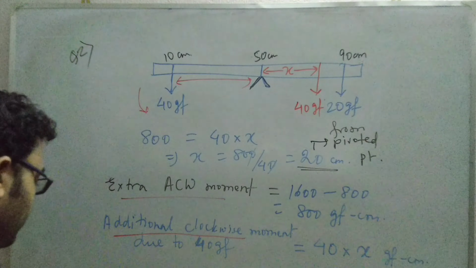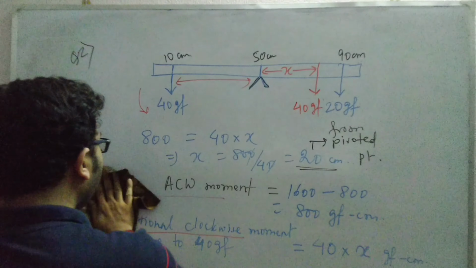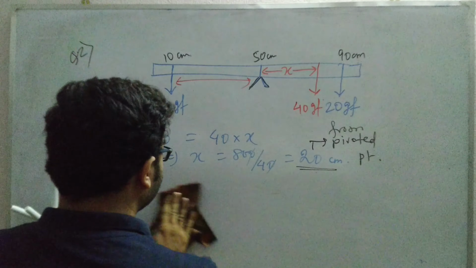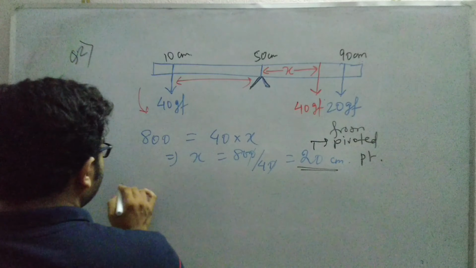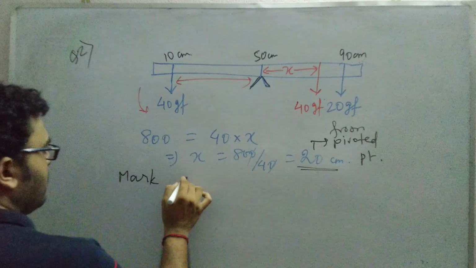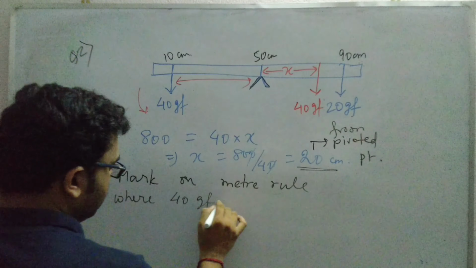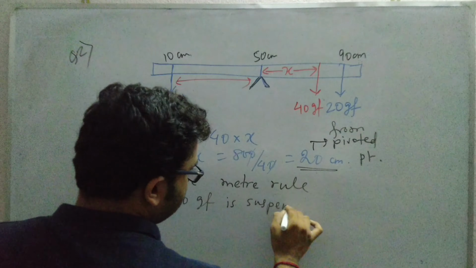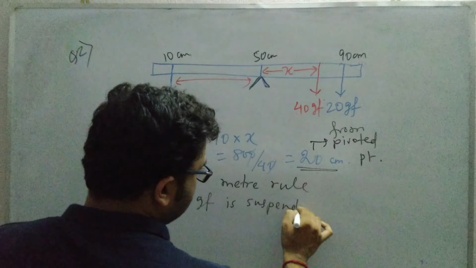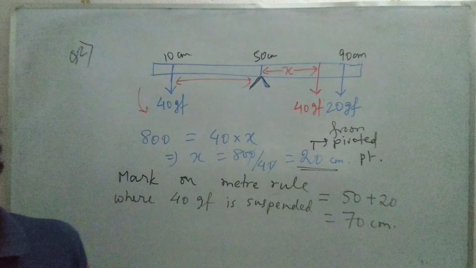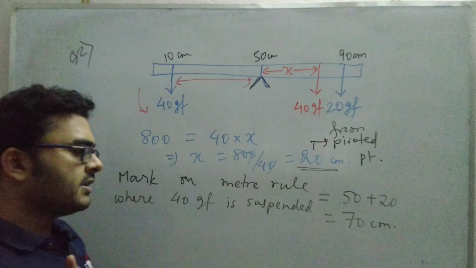If I ask what is the mark on the meter rule where this additional 40 GF has been suspended, the answer is 50 plus 20, that is 70 centimeter mark. So this is your answer. I think these two problems are clear.